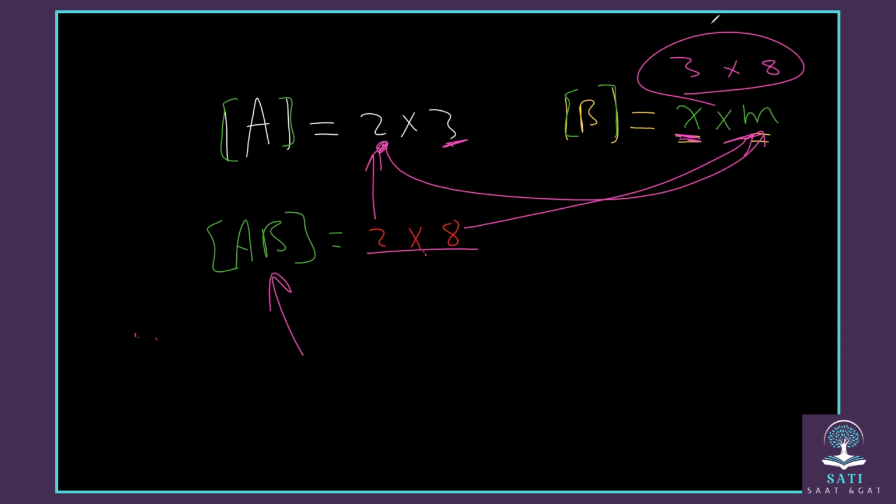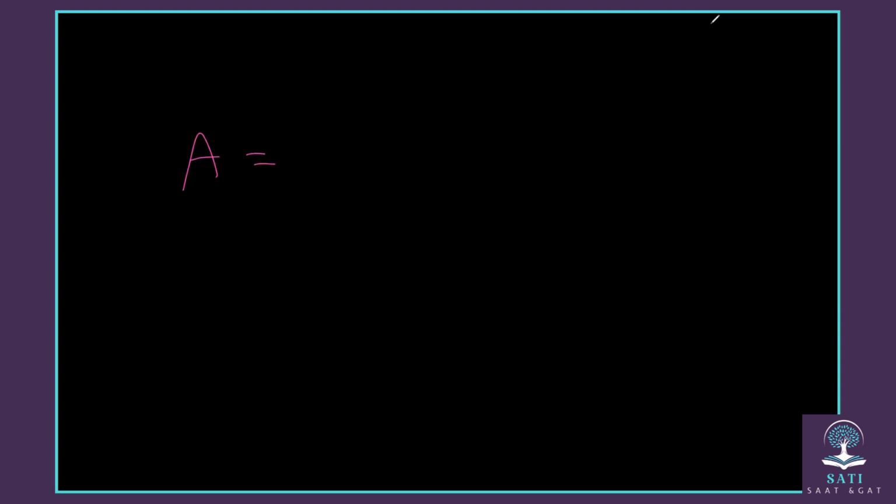One more example. If I give you a matrix A whose order is 2 times n, and matrix B is 5 times 10, and now I give you matrix AB as y times c, I ask you to find N, Y, and C. Can you find them?